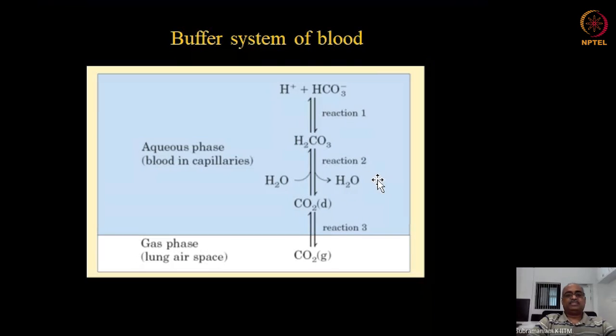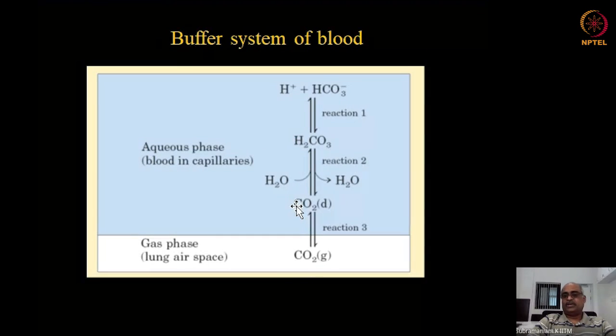Essentially, when carbon dioxide dissolves in water, you form carbonic acid. The beauty of this buffer, before I explain and make you appreciate its sophistication, let's look at a normal buffer.